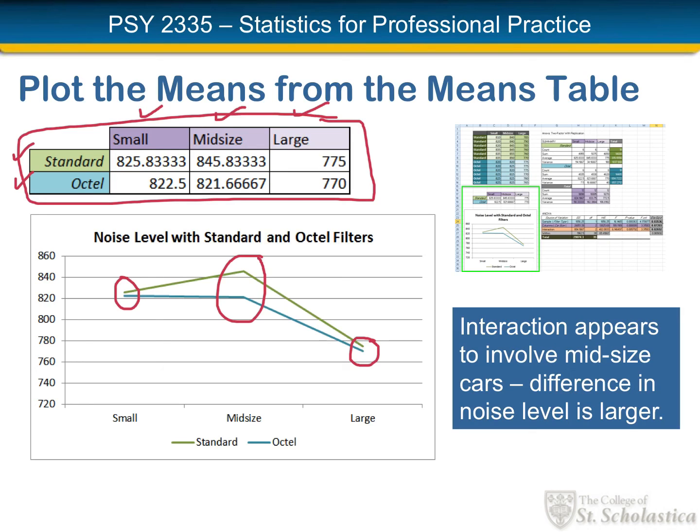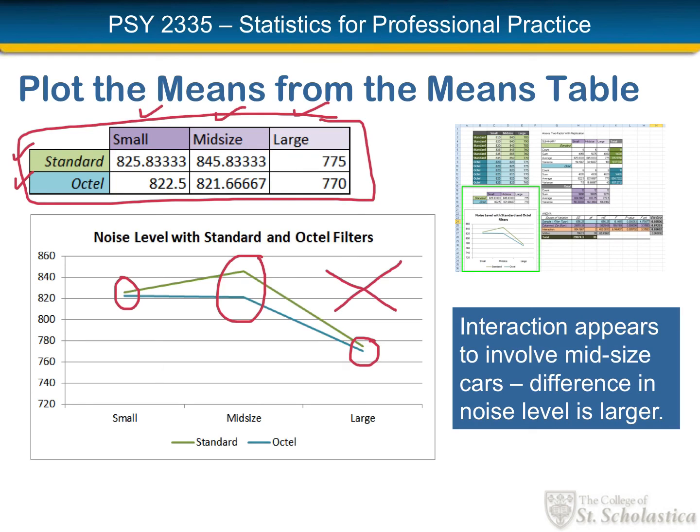So I can see that I have the impact of filter. It's always quieter to have an octal filter. And I can also see the impact of car size. Both the small and the mid-size cars are noisier than the large cars, but my interaction effect is shown whenever my lines diverge, or the other thing that sometimes happens is that lines could actually cross.